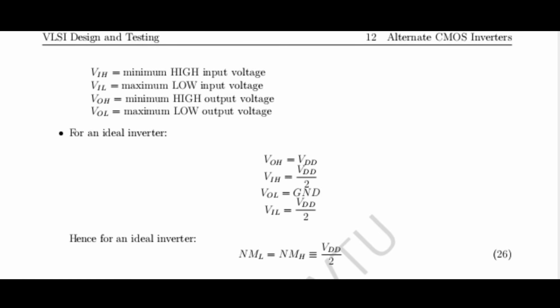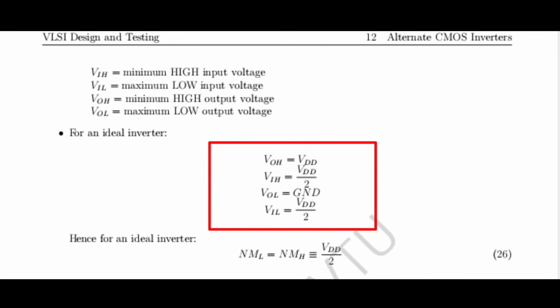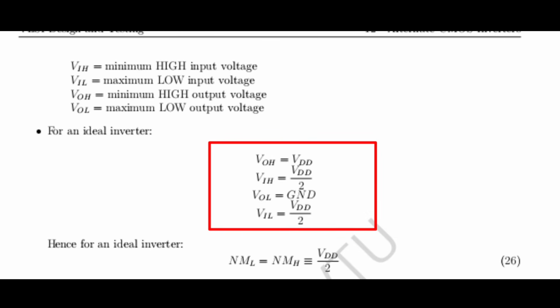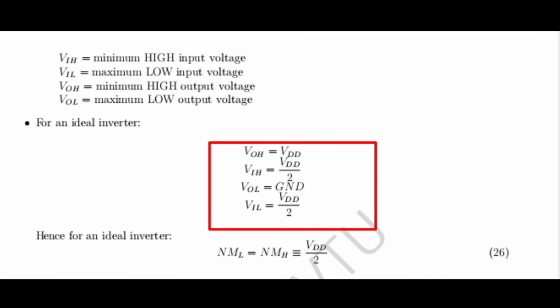For an ideal inverter, VOH equals VDD. VIH equals VDD by 2. VOL equals ground, and VIL equals VDD by 2.